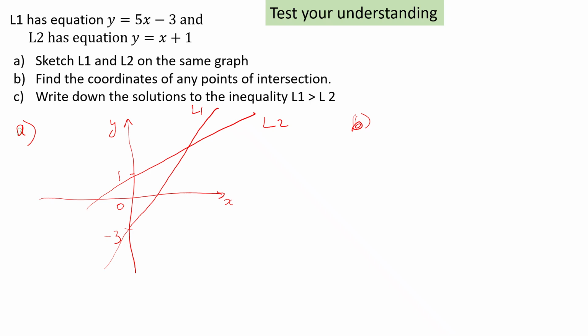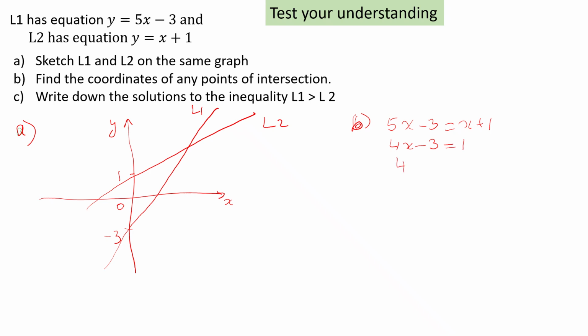So to solve this one, equate the two linear equations. So 5x minus 3 equals x plus 1. So take away x from both sides. So 4x minus 3 equals 1.